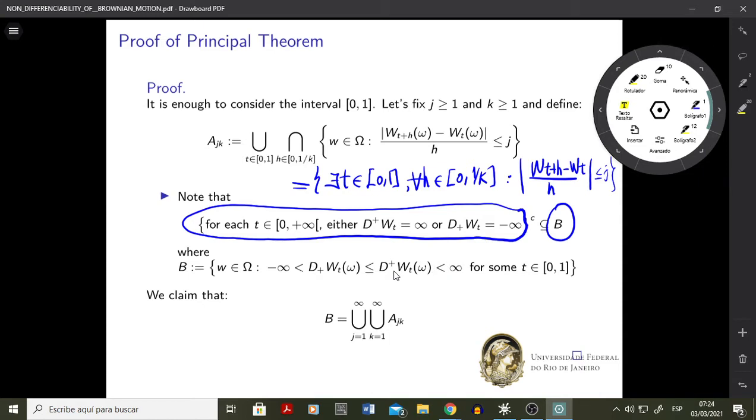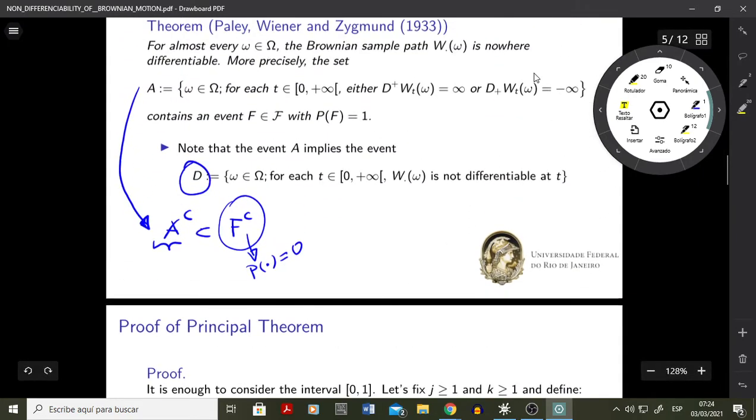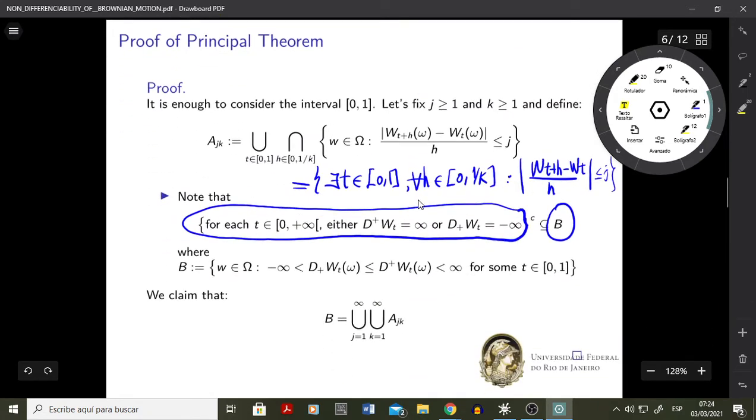So here we are working with the complement of the set A, but here I'm going to correct something. Here it is from 0 to 1 because we will be working in this interval.